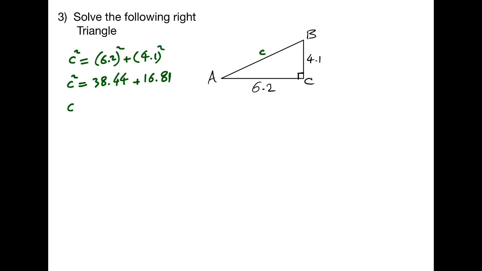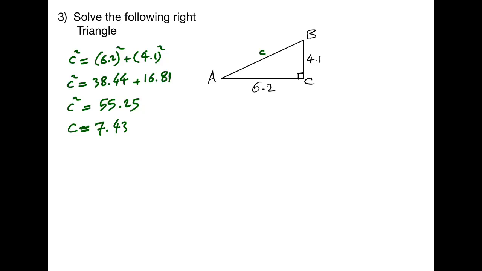Now we add them, and that is 55.25. Therefore, C equals the square root of this number, which is about 7.43. That's the approximate answer for the hypotenuse length.